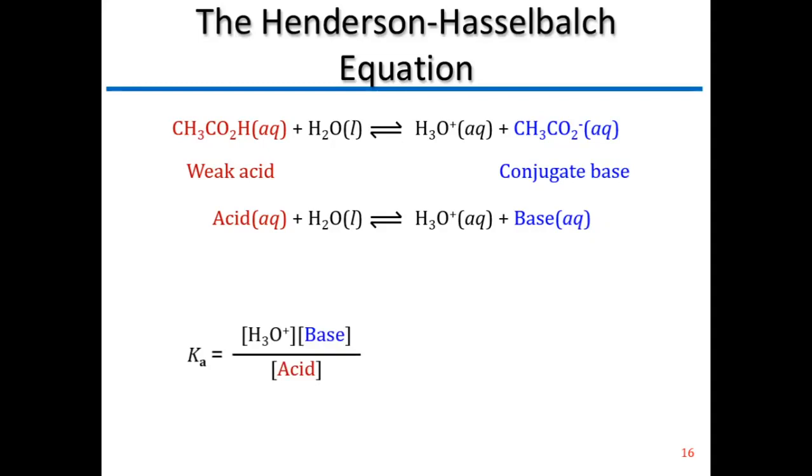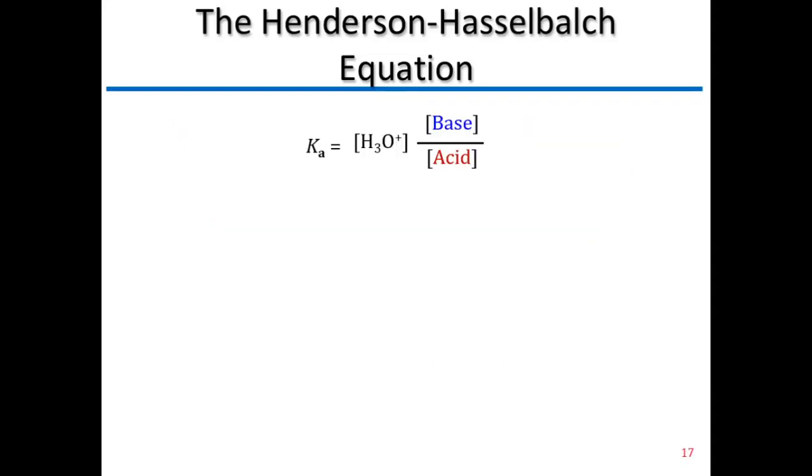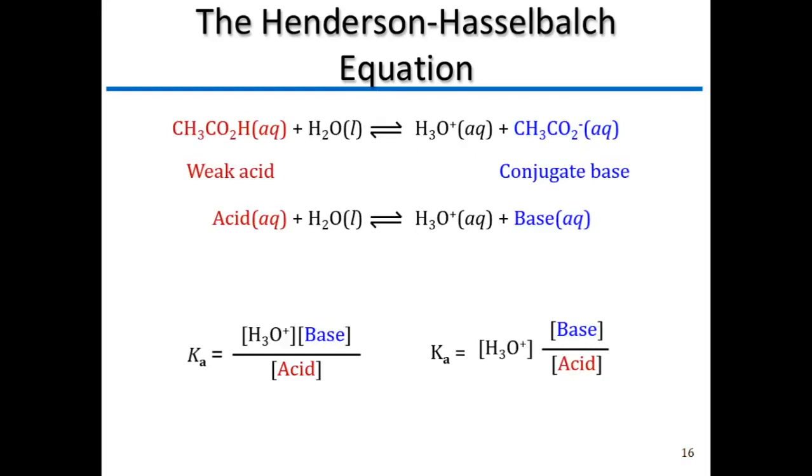So Ka will be equal to H3O plus times the concentration of our base over the concentration of our acid. So in other words, we can rearrange this to say Ka is equal to the concentration of H3O plus times the concentration of base over the concentration of the acid. Okay, so we're building this equation as we go.